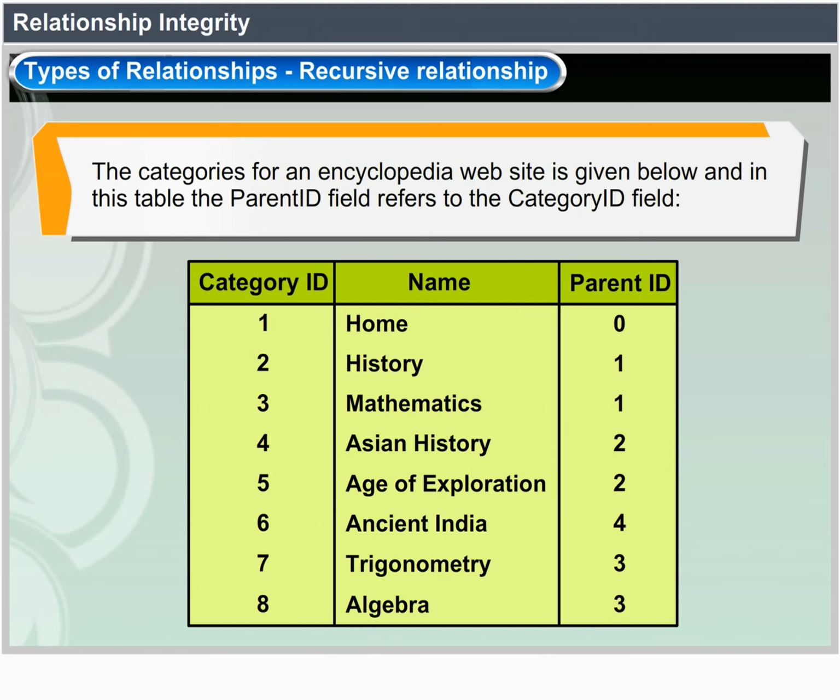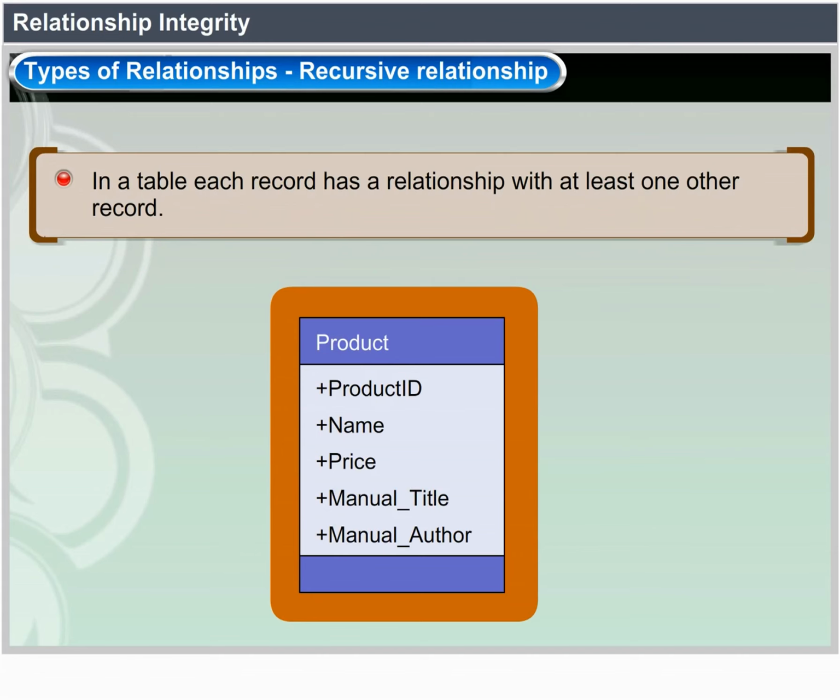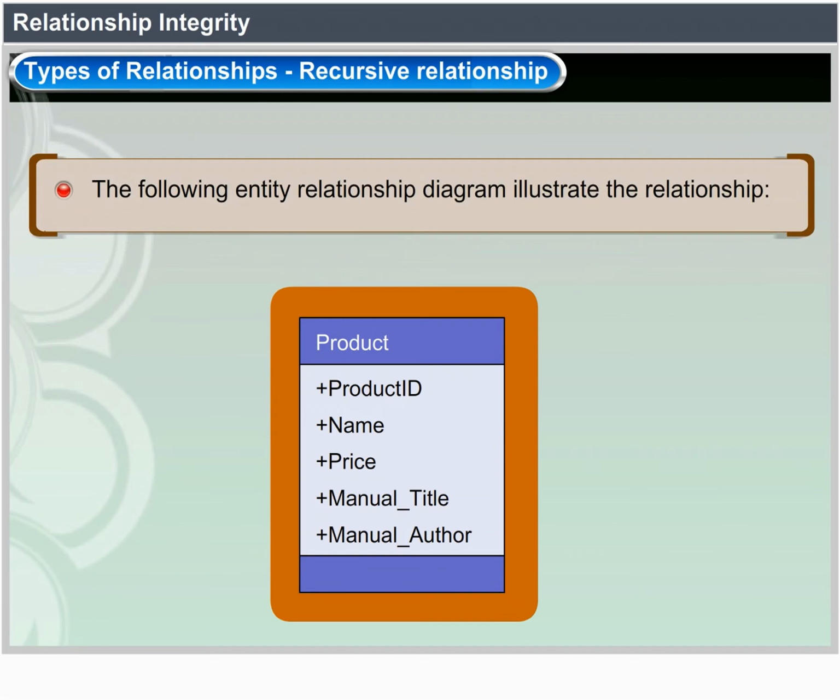The history category parents the Asian history category, which in turn parents the ancient India category, and so on. Each record has a relationship with at least one other record in the same table. The following entity relationship diagram demonstrates the relationship.